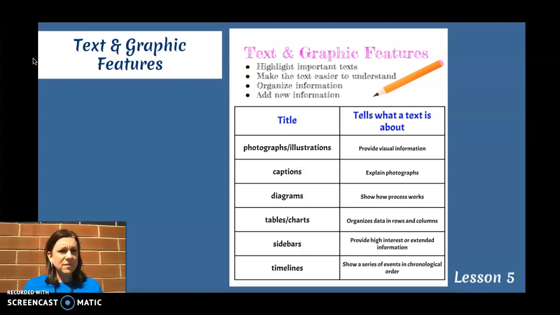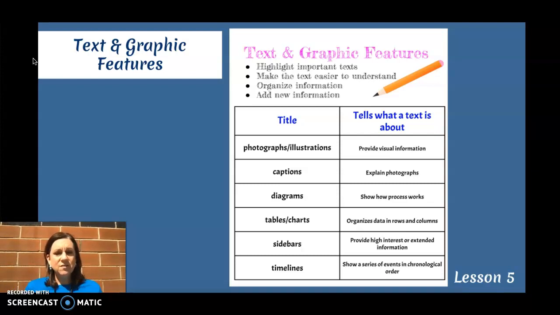Diagrams usually show how a process works. Tables and charts organize data in rows and columns. Sidebars provide high interest or extended information, so that's the things on the side. And then timelines, of course, which is what we're studying right now, show a series of events in chronological order.